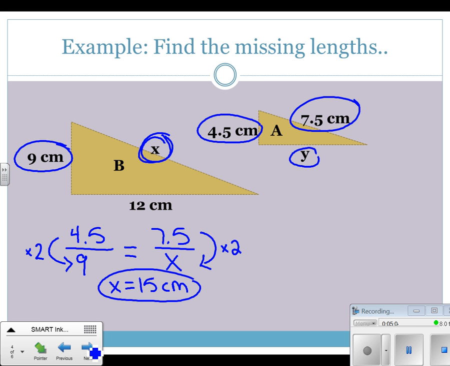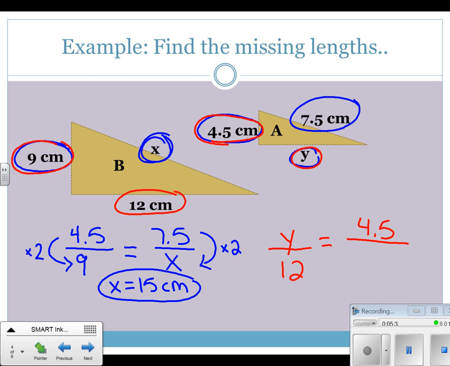Now to figure out my y, in setting up a proportion to find the y, it is on the little triangle, and the y matches 12 centimeters. And then I need a ratio that gives me two numbers comparing the two. I can do 4.5, once again, matches 9 on the big.